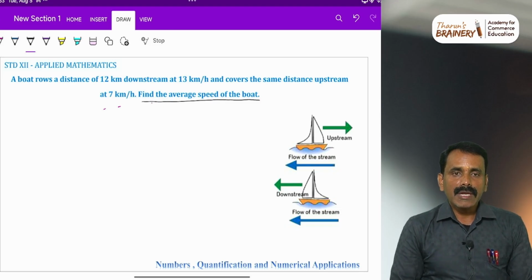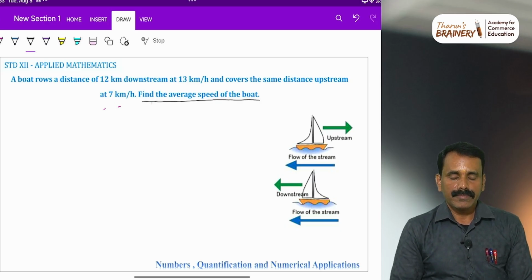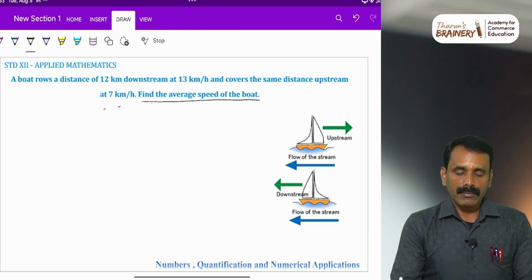So it is going to travel 12 kilometers upstream and it is going to cover the same 12 kilometer downstream, but the upstream speed is 7 kilometer per hour and the downstream speed is 13 kilometer per hour. Okay, and for this problem we are going to use a formula.